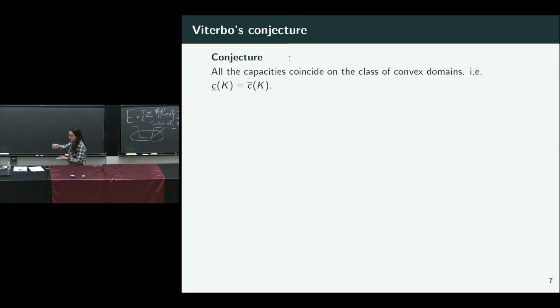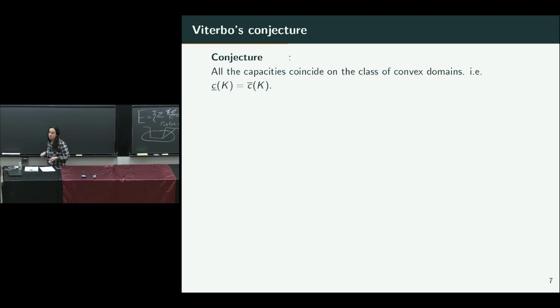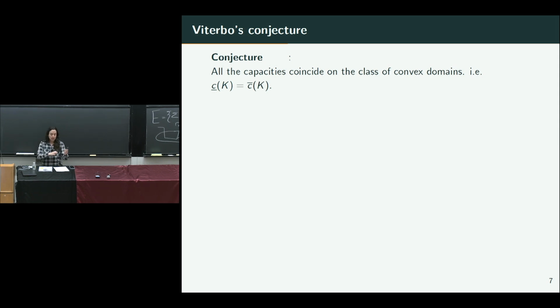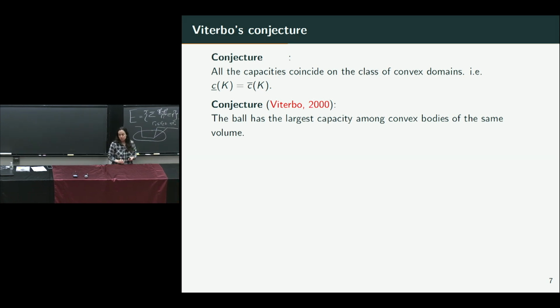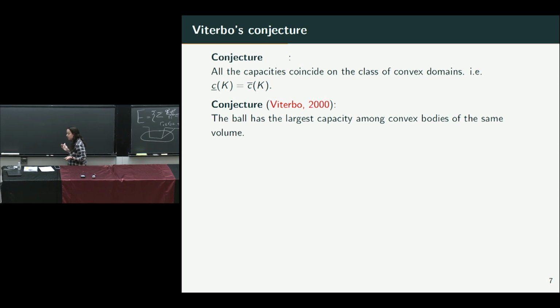So the Gromov width and the cylindrical capacity coincide for the convex set case. And this relates to the Viterbo conjecture, which asks a kind of isoperimetric type inequality.